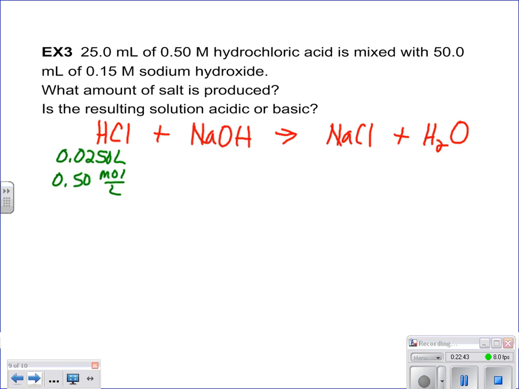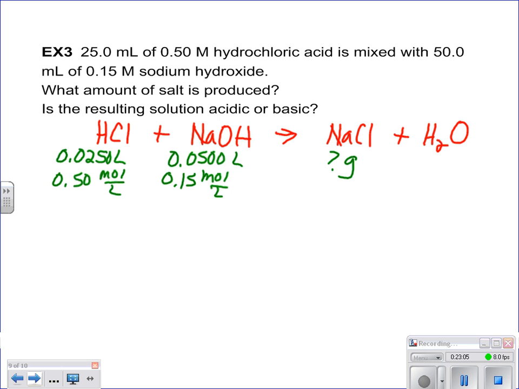Over with my sodium hydroxide, I've got 0.0500 liters, and it is 0.15 moles per liter. So there's my information about my reactants. The question is, how much of my salt am I going to produce?